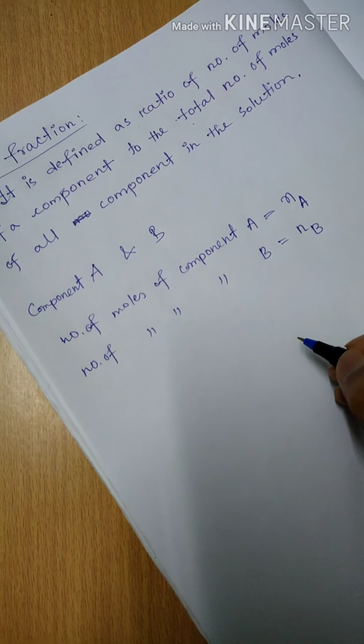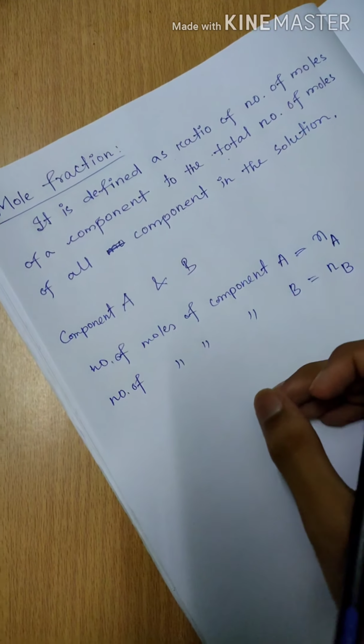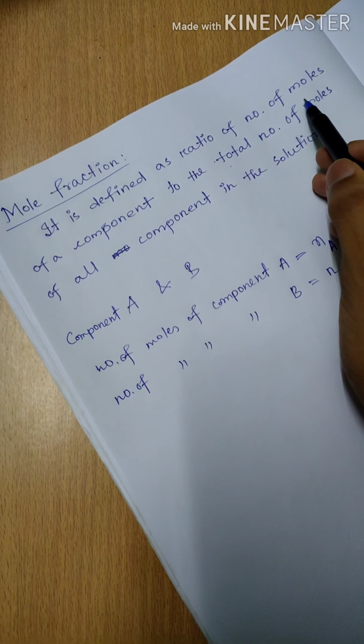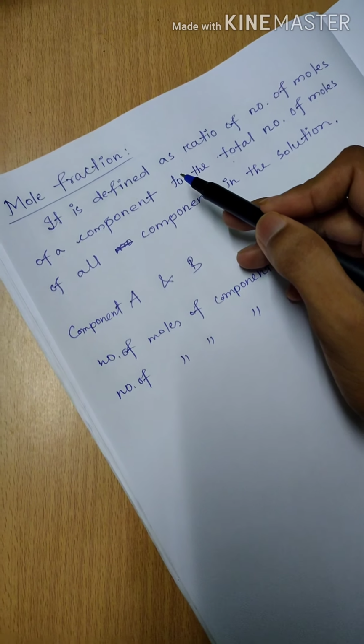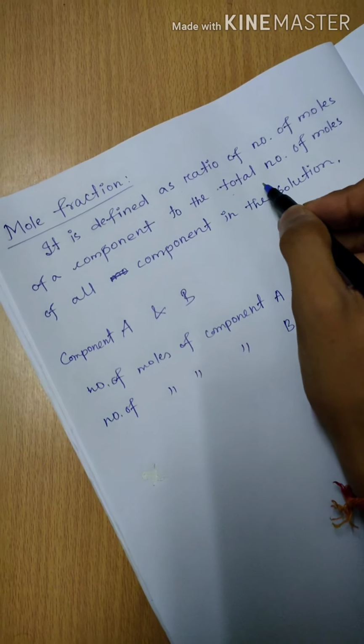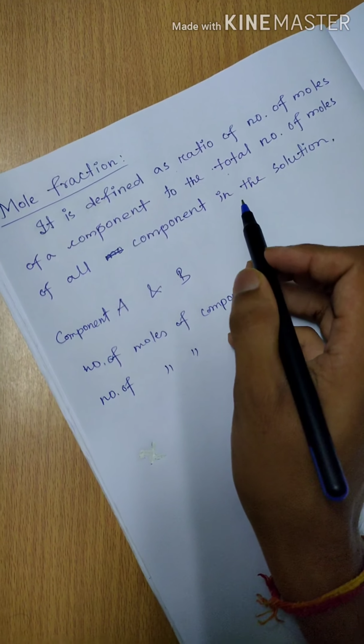Okay, now see, according to the definition, mole fraction is defined as the ratio of the number of moles of a component to the total number of moles of all components in the solution.